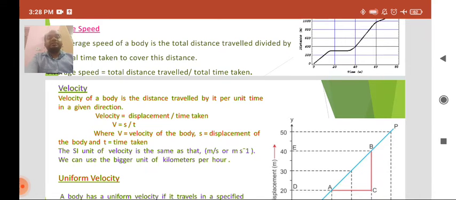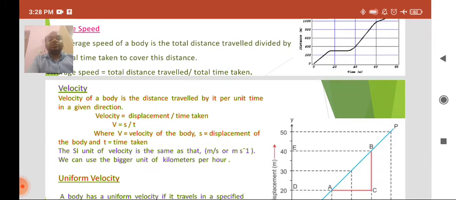Velocity is a vector quantity because velocity of a body is the distance traveled by it per unit time in a given direction.